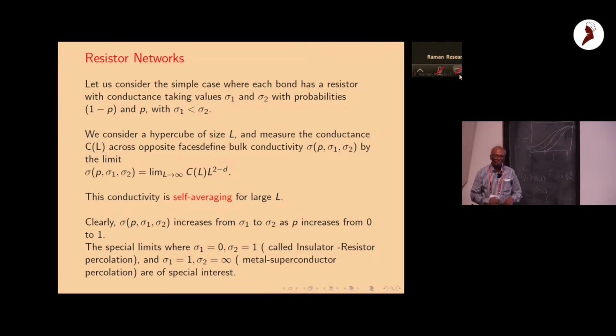That is called a metal superconductor network. Some bonds are superconducting, they have no resistivity. Then if you go above pc, there is a superconducting path from one end to the other, and the resistance of the whole sample becomes 0. But below that, it will be non-zero. So it's the behavior opposite of this. Well, it's not the opposite, it is similar. It is like this.